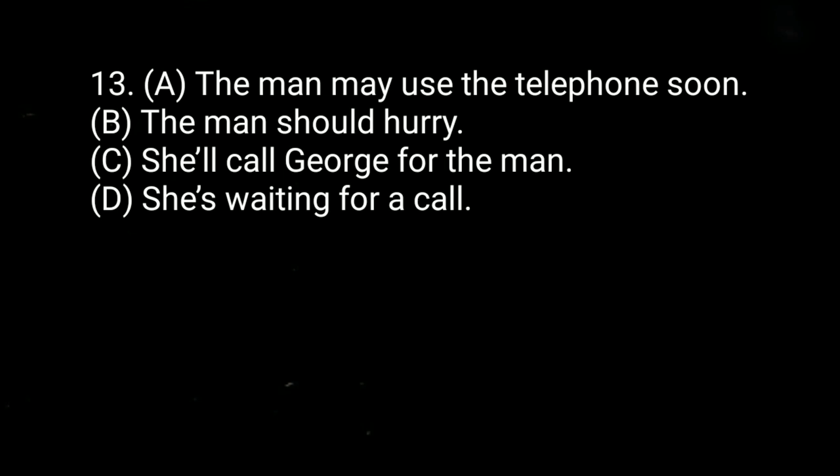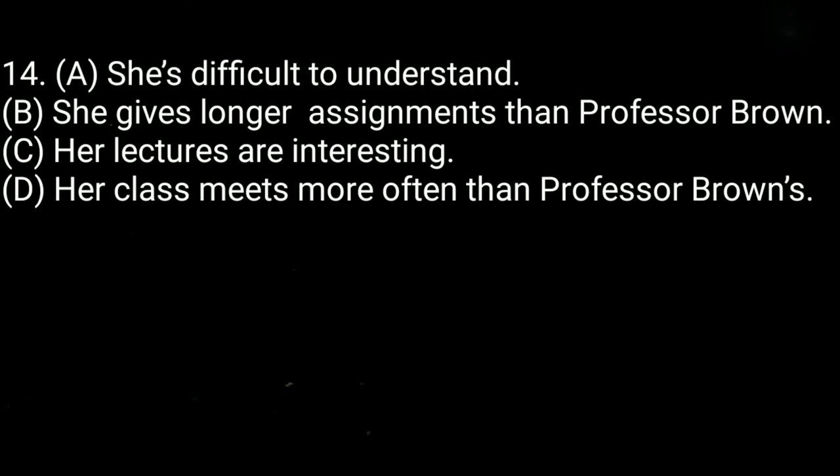Just one more quick call, then it's all yours. What does the woman mean? Number 14. I can't decide whether to take Professor Brown's class or Professor Thompson's. I can tell you this about Thompson. She knows how to get your attention and hold it. What does the man imply about Professor Thompson?